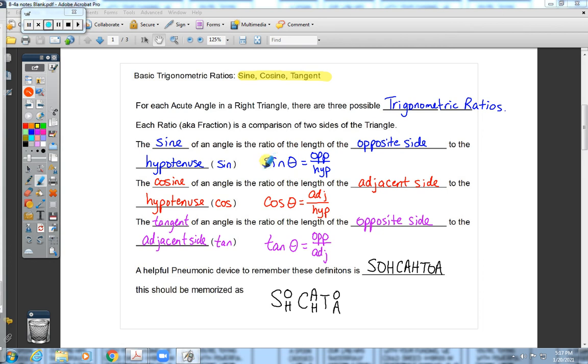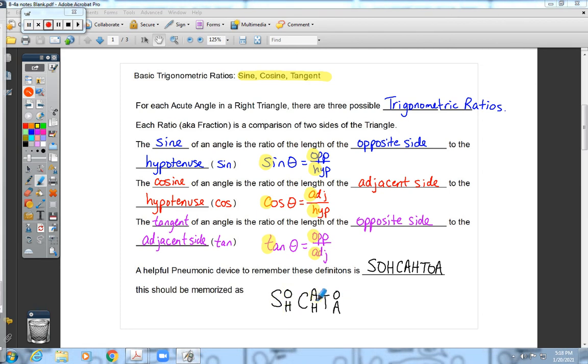Watch here as I highlight. Sine is opposite over hypotenuse, which is SOH. Cosine is adjacent over hypotenuse, CAH. And tangent is opposite over adjacent, TOA. That will help us remember sine, cosine, and tangent's definitions, which will be extremely useful. So it is something that every geometry student, at any level, should memorize.